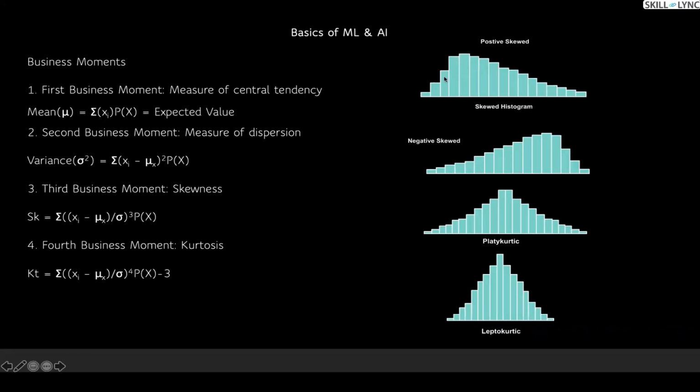So for example, let's assume the number of cars sold has this distribution: number of cars sold 1, 2, 3, 4, 5, 6, 7, and so on. If the frequency is very high at 5 and 6, that makes sense, right?